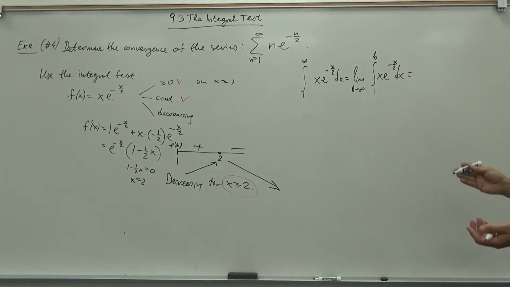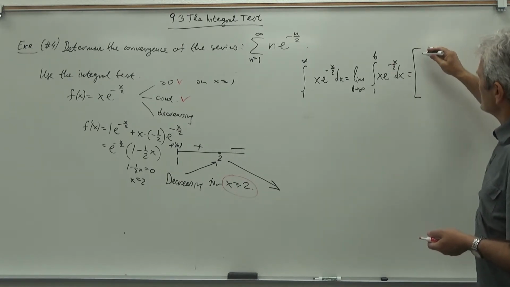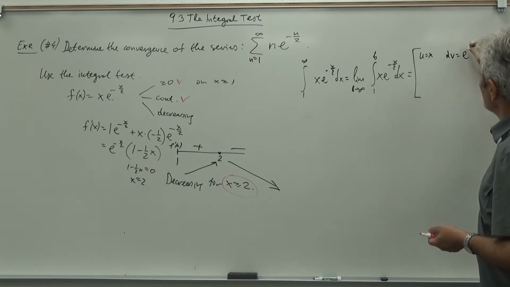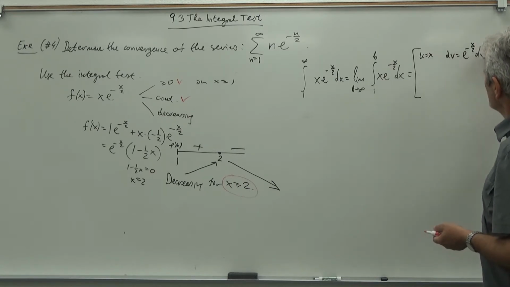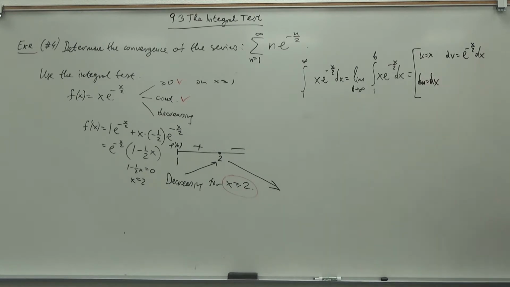What do we do here? That's where we need our knowledge from chapter 8, integration by parts. So u will be x, dv will be e to the minus x over 2 dx. du is just dx. And v is this integral, which, using linear substitution, is minus 2 e to the minus x over 2.